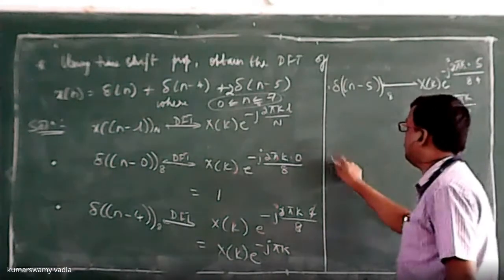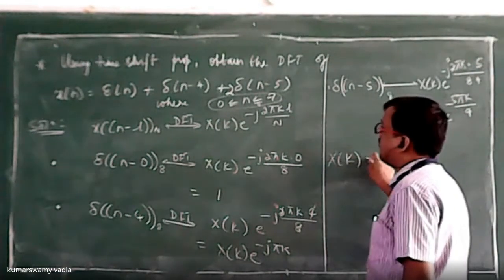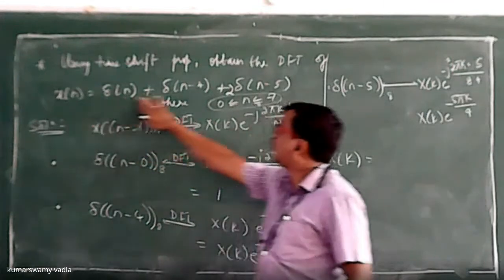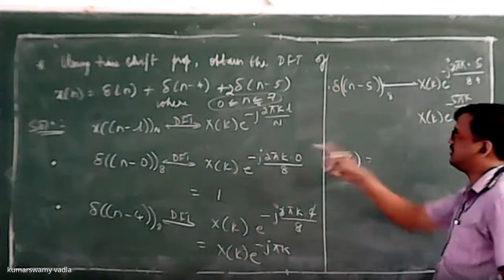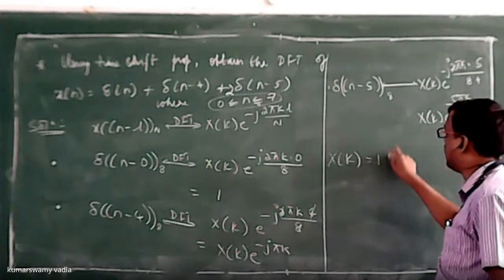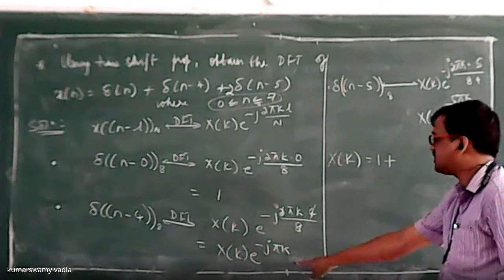So finally, X of k for this whole equation is nothing but what we applied individually. I will add all these things. First one is 1, plus what is the second one?